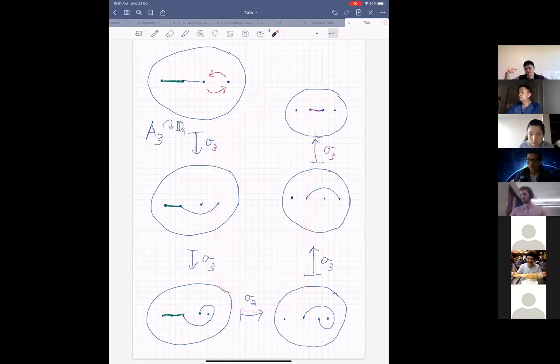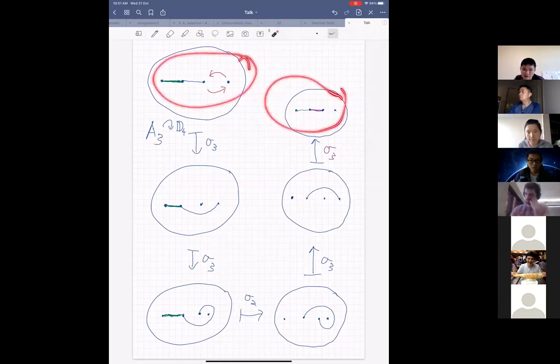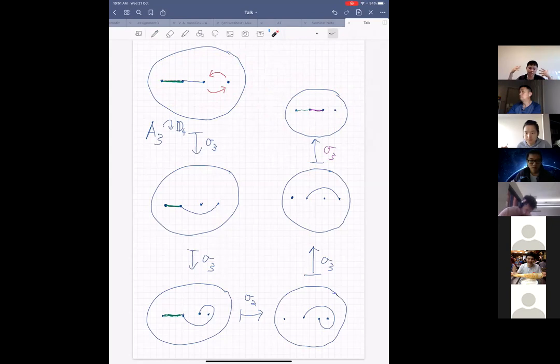If you use the intersection number, it doesn't really help because these two pictures give the same intersection number. So we want something richer, so we introduce the bigraded intersection number. Hopefully this intersection number will distinguish these two.